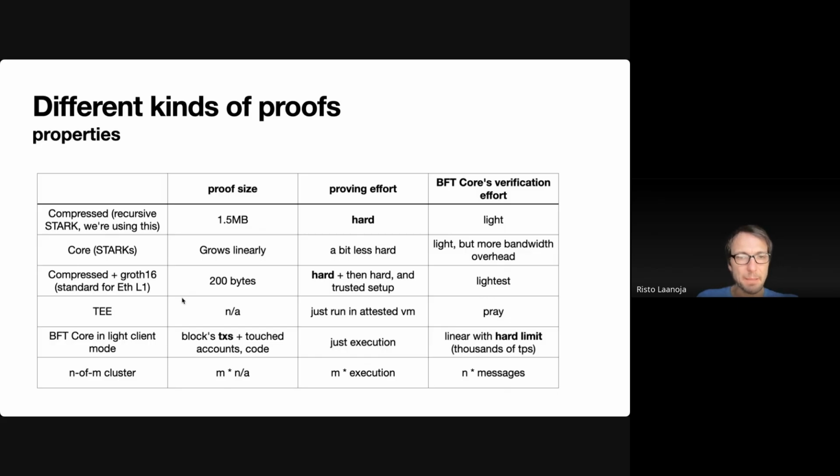Maybe we save a minute of proving time if we use the core STARKs. The next step is having a Groth16 ZK proof on top of a compressed recursive STARK, which all the other layer 2s and layer 1s are using. It's even harder than the first one, and depends on a trusted setup.